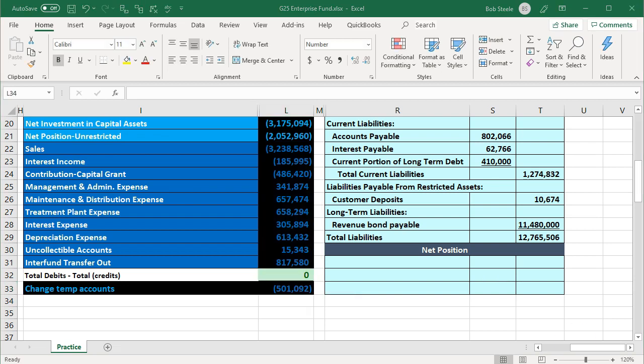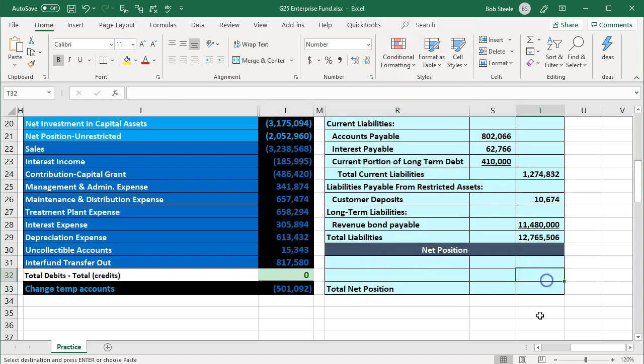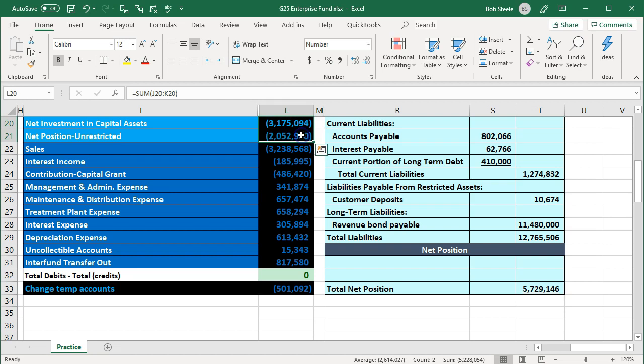So one way we could think about this, and this is true with basically any entity, is we could say, let's think about the total net position as a whole before we start grouping them out into different groups, such as net position in capital assets and net position unrestricted. Let's think about net positions as a whole, all the blue accounts, which would be the negative sum of all the blue, the light blue and the dark blue. We pick all those up and we say there's basically the total credits minus the debits.